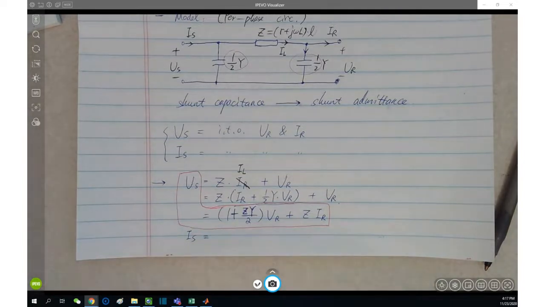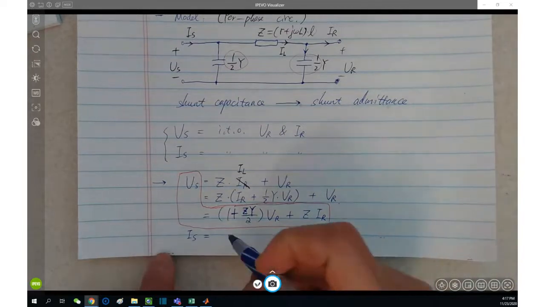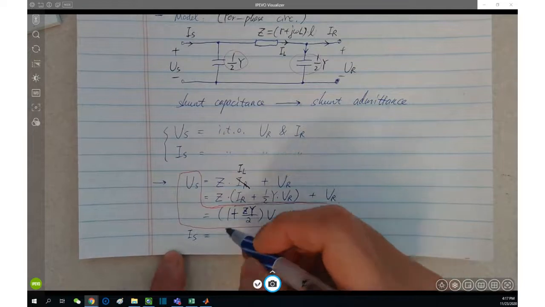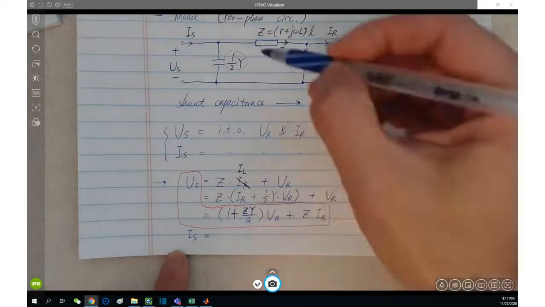IS equals VS times half Y plus IR plus half Y times VR. I think it's close. Okay, yes, that's the answer. First of all, you are using KCL at this node.